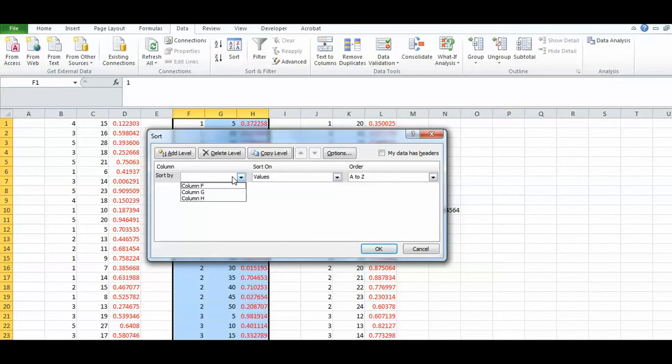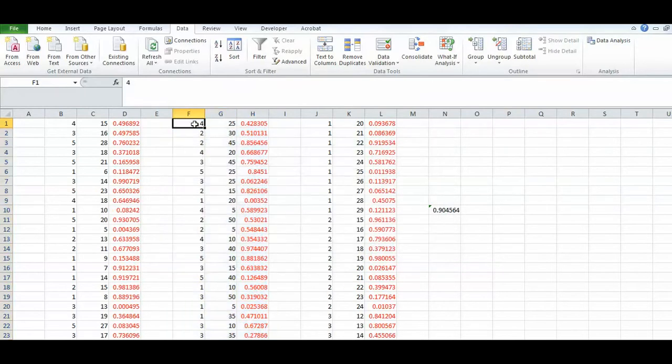So now we're sorting by column H. A random sample of 10 people. And remember that these 10 people are coming from the population that has no correlation. Over here we have the population with a positive correlation, but now we've moved over to this population that has no correlation.